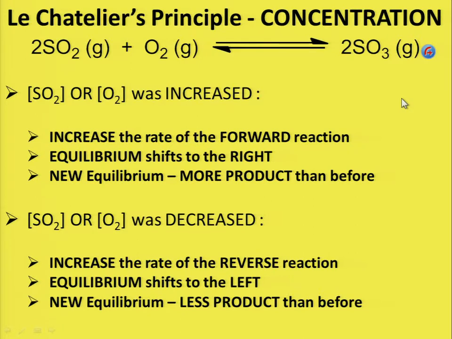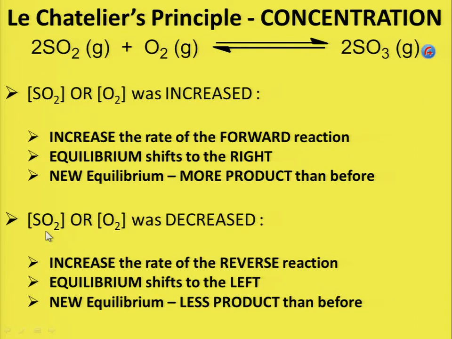Let's do an example. For this chemical reaction, if the concentration of SO2 or the concentration of oxygen was increased, it will increase the rate of the forward reaction to get rid of that increase in concentration. The equilibrium will shift to the right, and the new equilibrium will have more product than before because the forward reaction is favored.